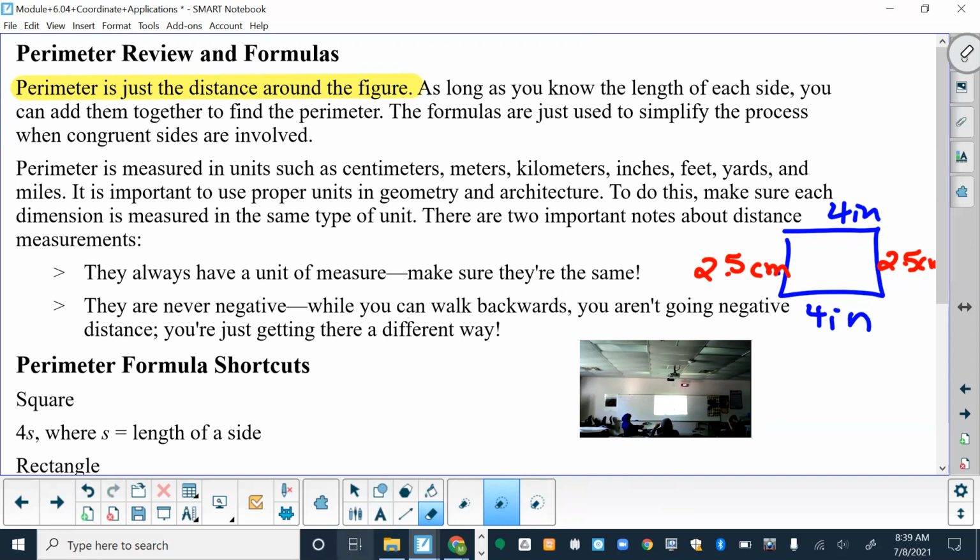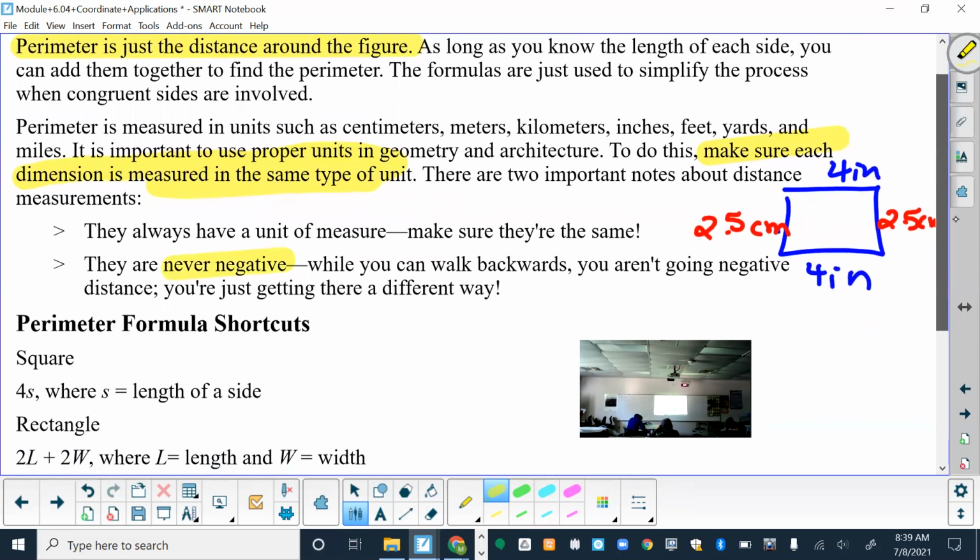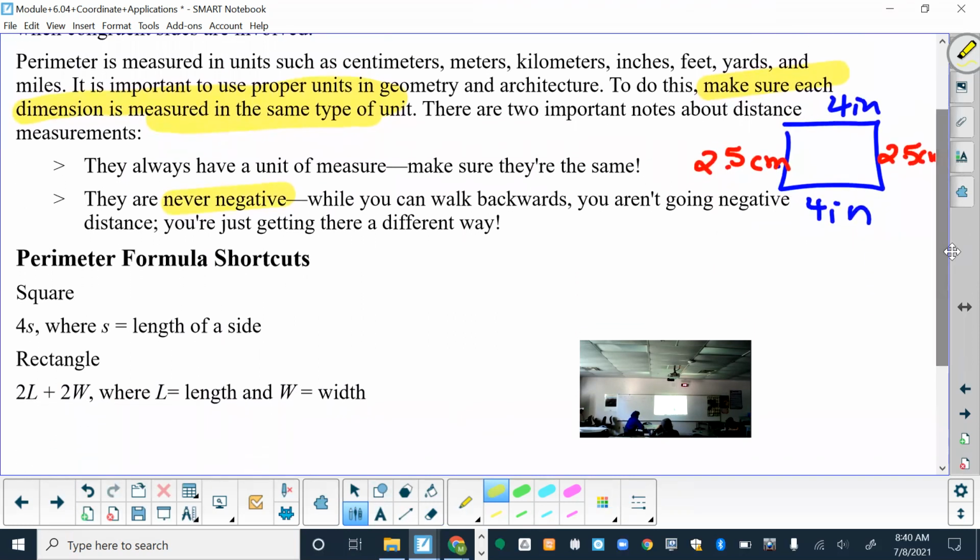All right, so the measure or the highlighting part, make sure each dimension is measured in the same type of unit, and then they are never negative. All right.